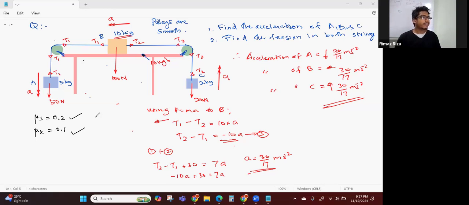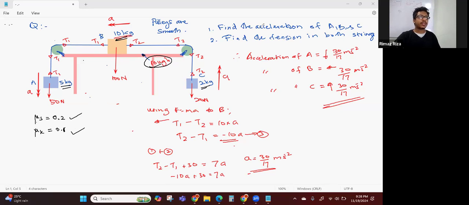So let's move on and do a question from inclined planes. Once again, all the mass values are the same: 5 kilogram, 10 kilogram and 2 kilogram. The only difference is that instead of a smooth table, you have a rough table where mu s is 0.2 and mu k is 0.1.